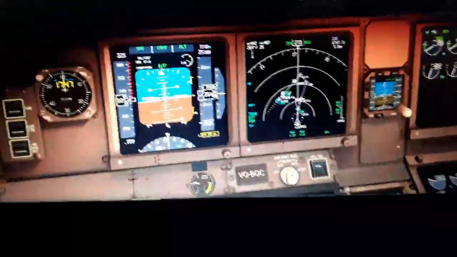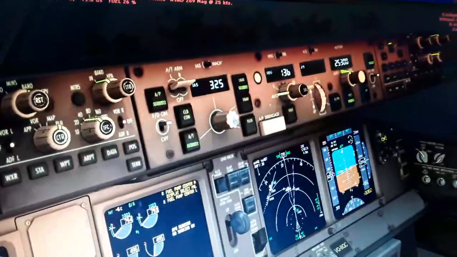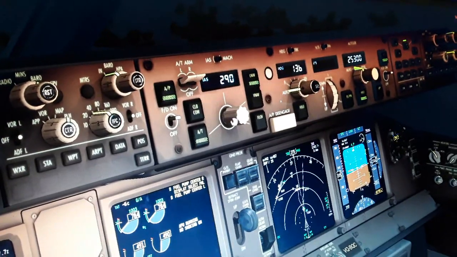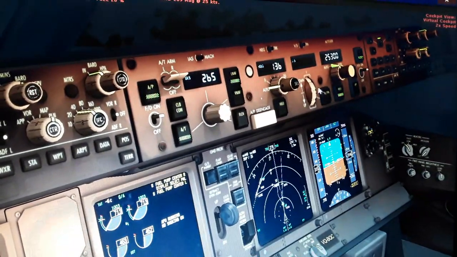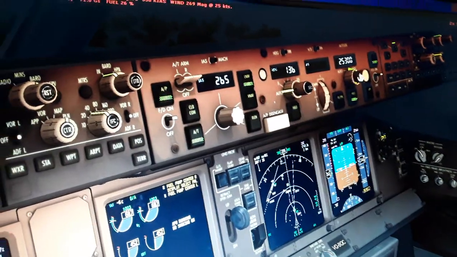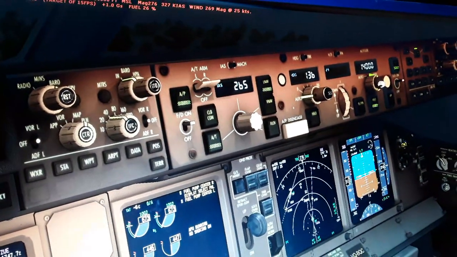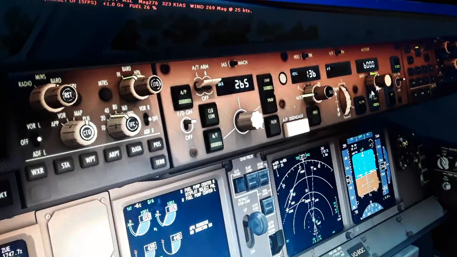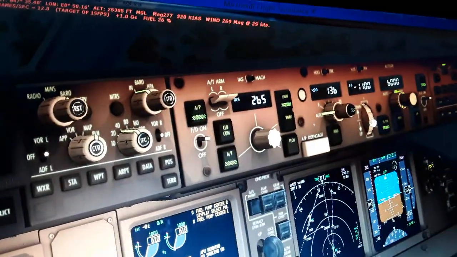I'm gonna use this mode over here. Decrease the airspeed and also the altitude. And now the vertical speed.